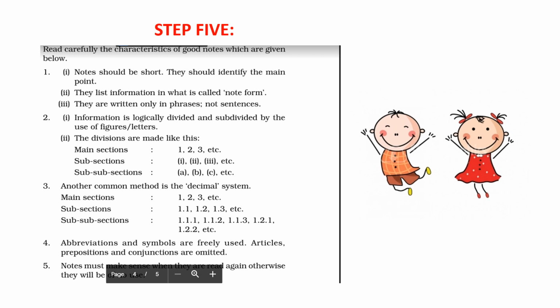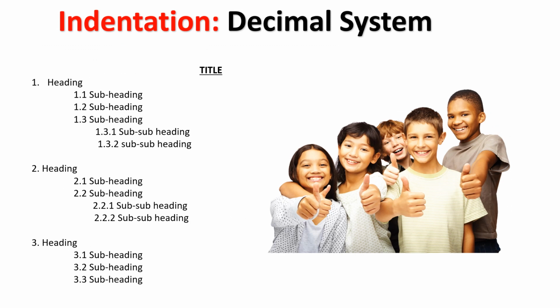Articles, prepositions, conjunctions should be omitted, and notes must make sense when they are read again, otherwise they will be of no use. Now you can see there are so many happy kids because they are telling me that yes, we have understood the crux of note making and we are going to get full marks in note making, 5 on 5.